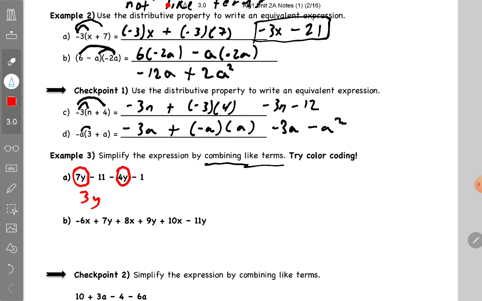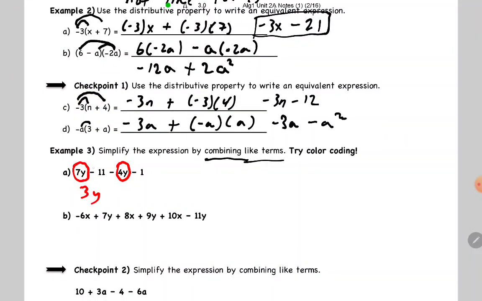And then let's use a different color. Green. So we have negative 11 and minus 1. So we have negative 11 minus 1. And let me rewrite, so that would be negative 12.